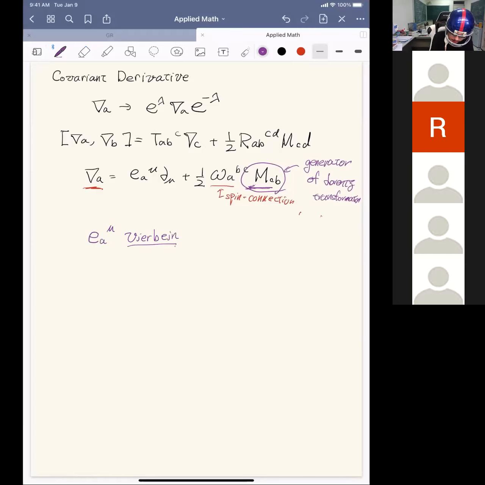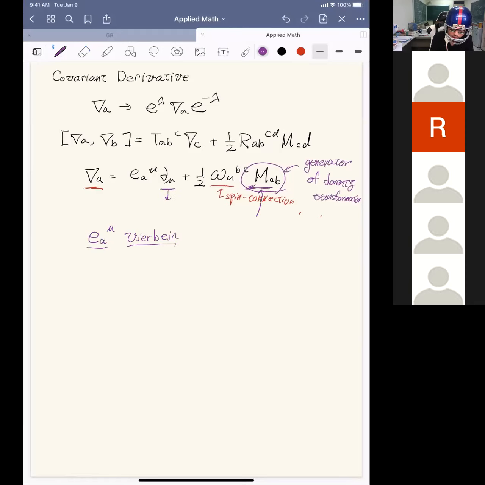And so this Vierbein, just to recap what I said before, is really because the gauge symmetry that we're talking about is local Lorentz symmetry as well as local translations. In other words, local Poincare symmetry. And the generators for local Lorentz is this, the Lorentz generator. But we know the translation is this guy.